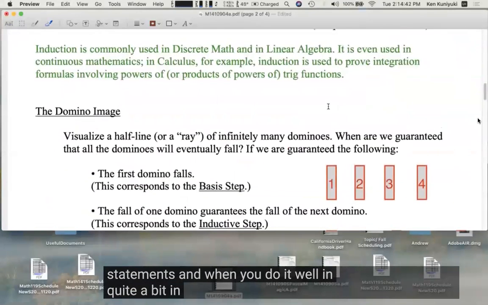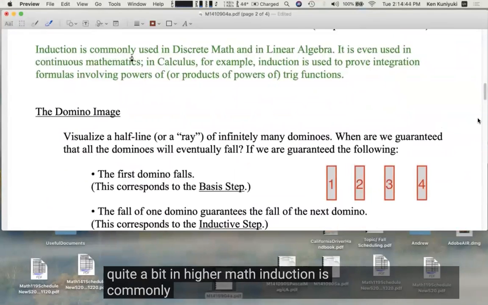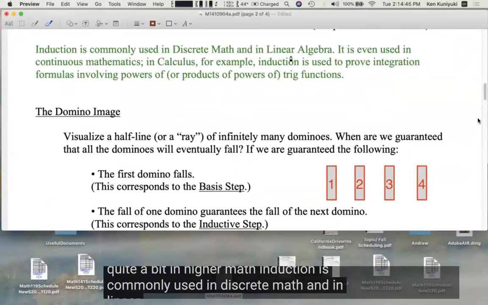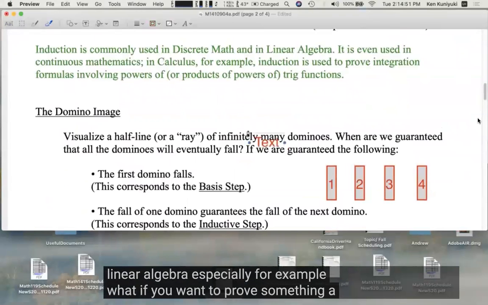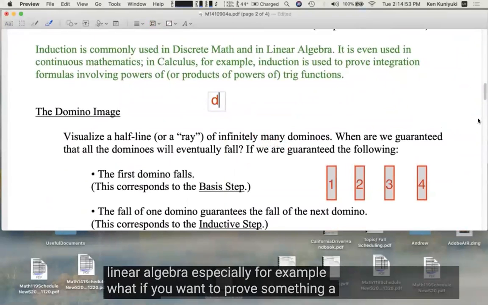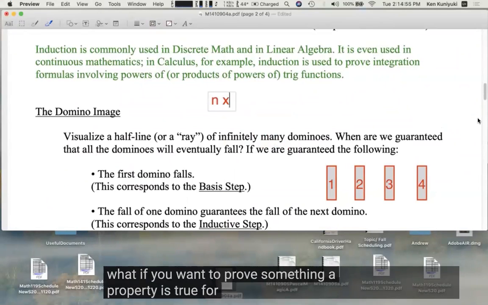Well, quite a bit in higher math. Induction is commonly used in discrete math and in linear algebra, especially. For example, what if you want to prove a property is true for all square n by n matrices?